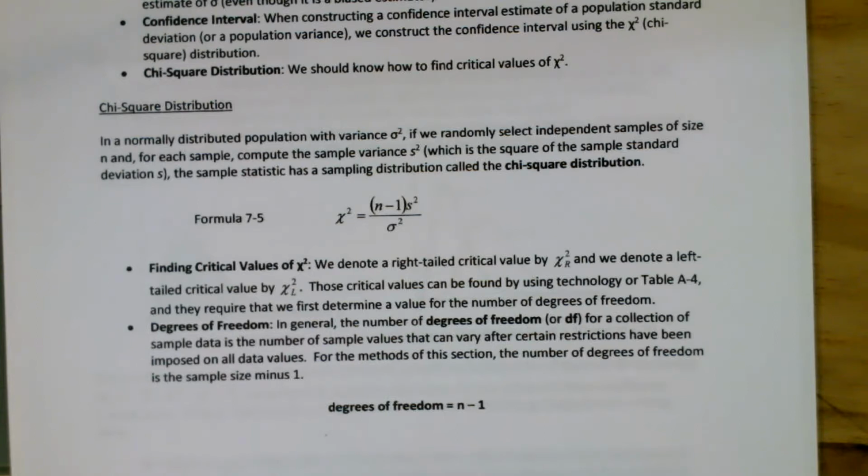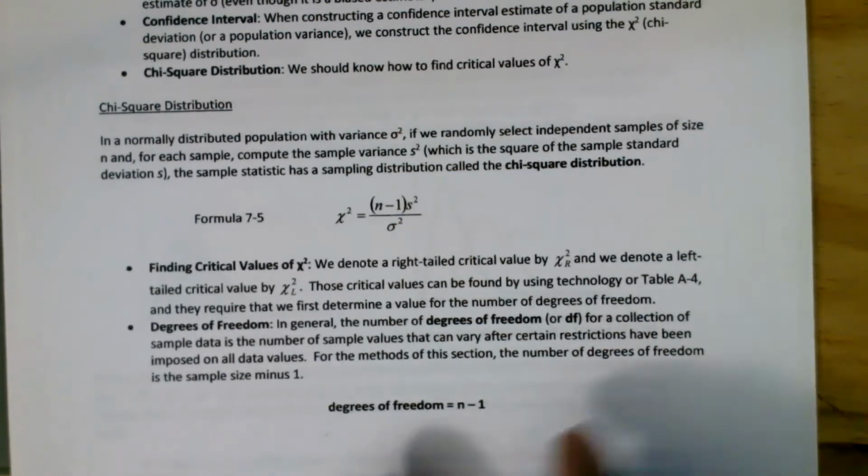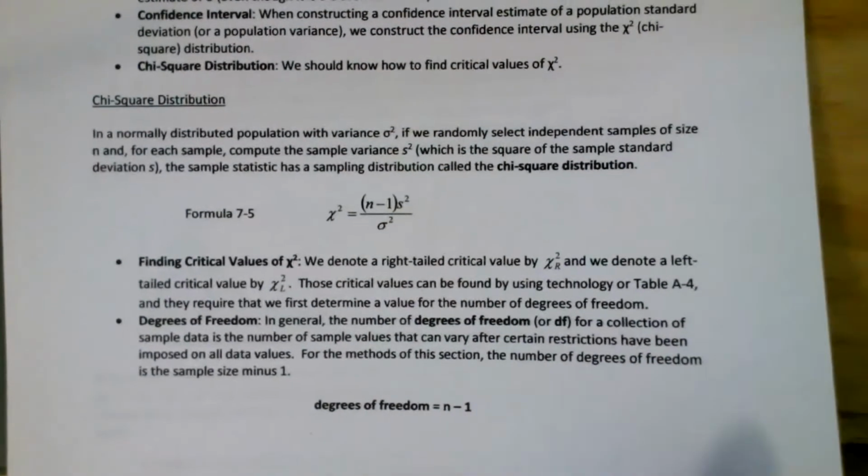So in this case here, the number of degrees of freedom will be the sample size, n minus 1. The degrees of freedom is always one less than your sample size. So you have to do n minus 1 to get your degrees of freedom.